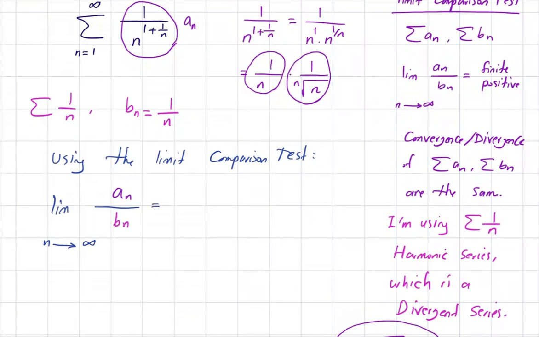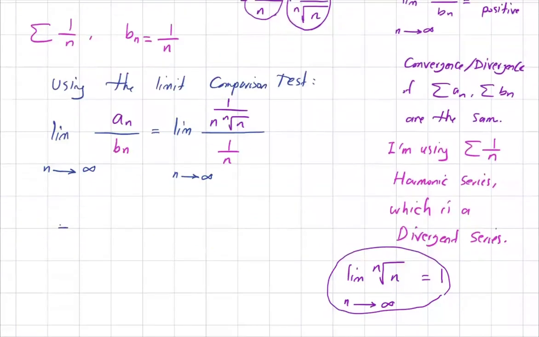Which is equal to the limit of, well, an is 1 divided by n times the nth root of n, and bn is 1 over n as n goes to infinity. This can be written as the limit of 1 divided by n times the nth root of n, multiplied by n over 1.